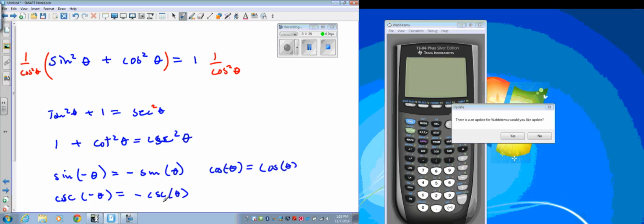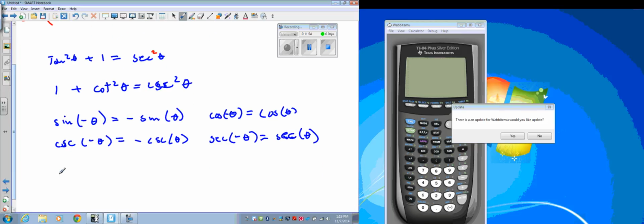And then because of the relationship, secant is the inverse, so if you go secant of a negative angle, it is equal to the secant of the angle. And then the last one is the tangent. The tangent going negative, what does it got to be?